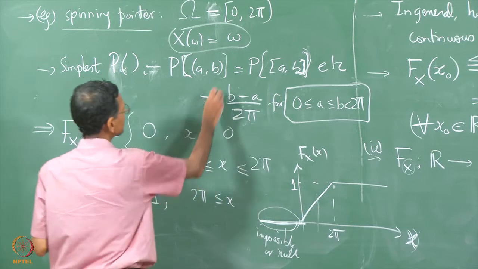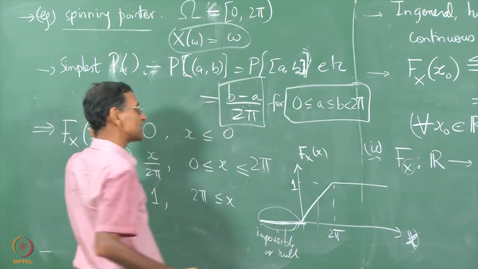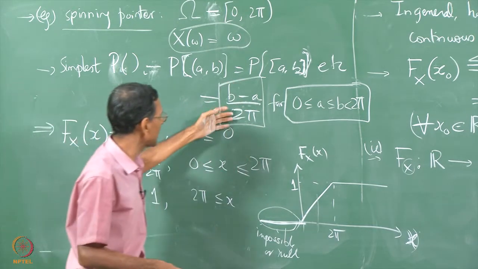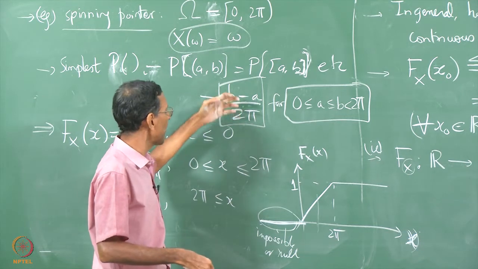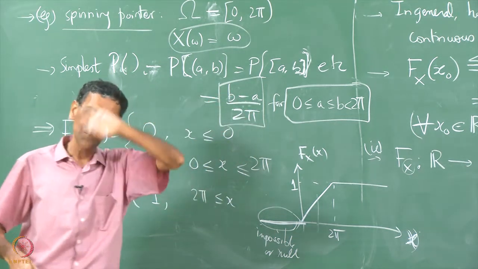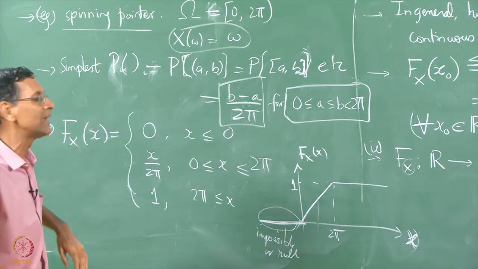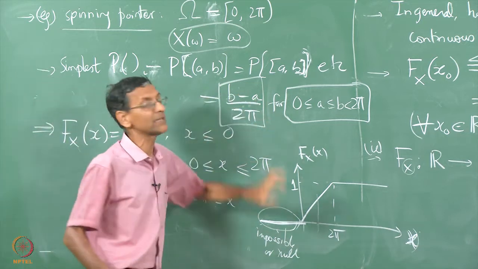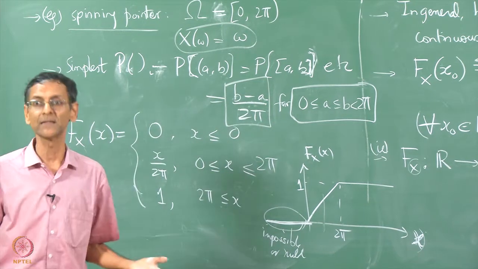So, this assignment of probability is just our way of recognizing the fact that the pointer stops uniformly on the dial and does not favor any particular interval over any other interval.